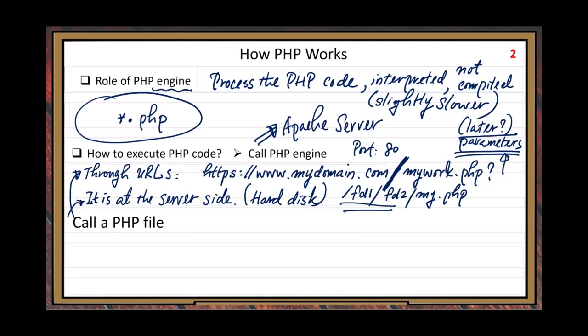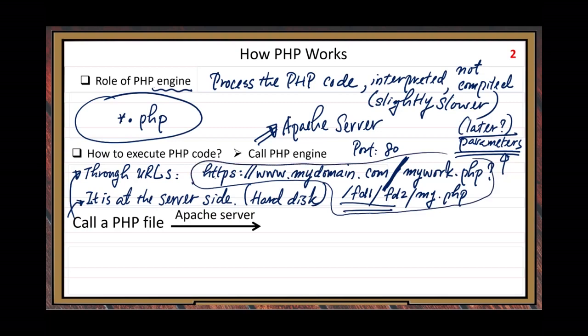Okay, all right. Then, when you type this in your web browser and hit enter, you send it to the Apache server. The server running under this domain will receive your request.